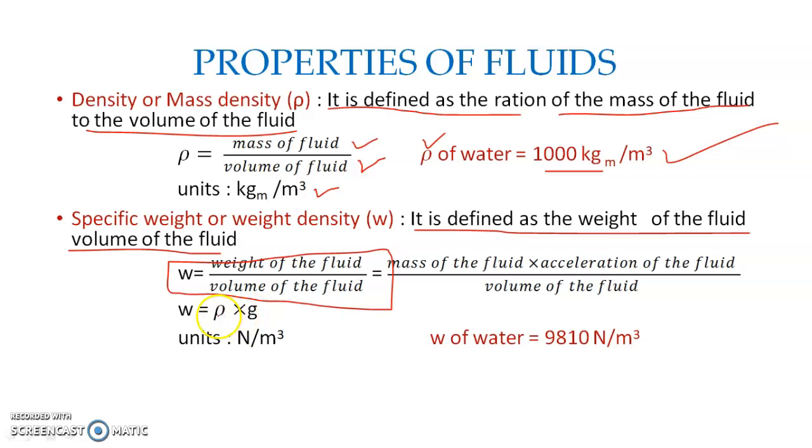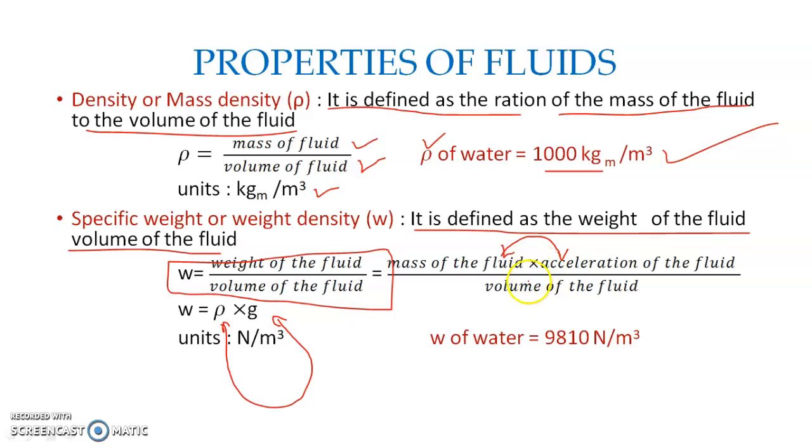When density is multiplied with gravity, it produces the weight, or sometimes it is called specific weight, or sometimes weight density. So when mass is multiplied with acceleration, it produces weight.